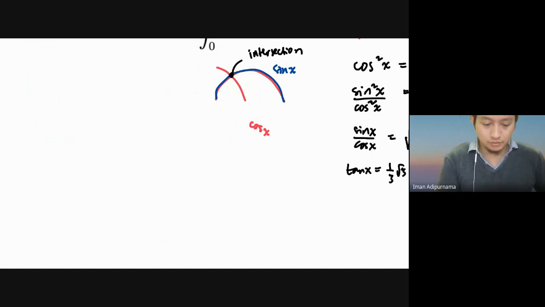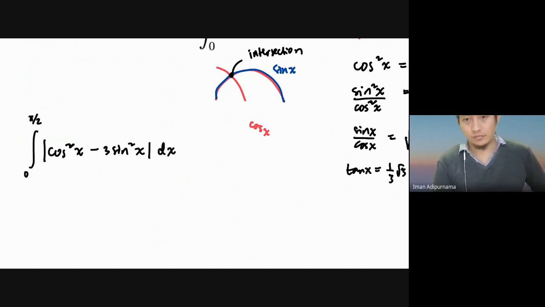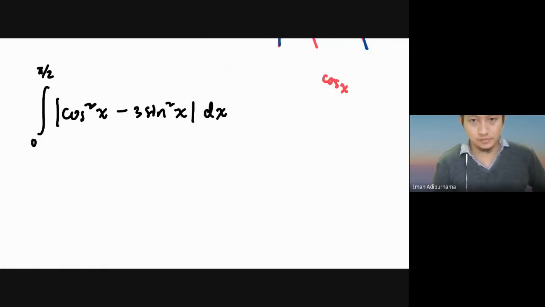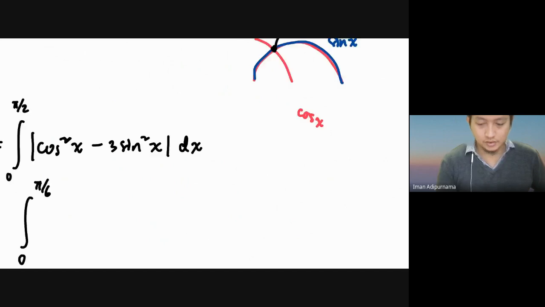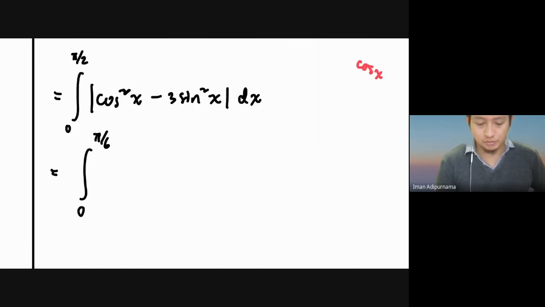So we can write down. Let me write the equation one more time. So we will have, from 0 to pi over 6, the first one is cos is going to be above.